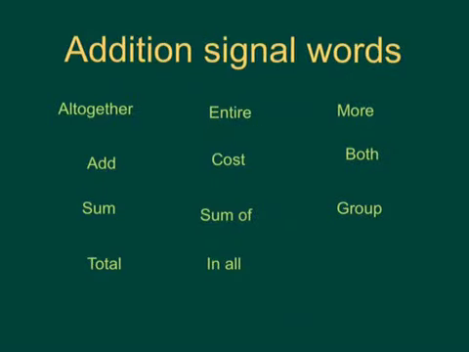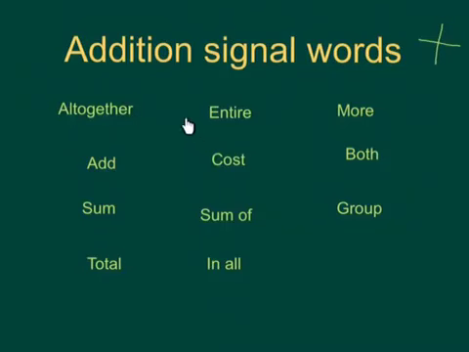Okay. Here are some more words that you might hear in word problems that tell you that it wants you to do addition or add them together. Remembering when it's addition, this is the symbol that we'll be using. Let's have a look at some of these words. They'll say all together, add, sum. So what is the sum of? What's the total?